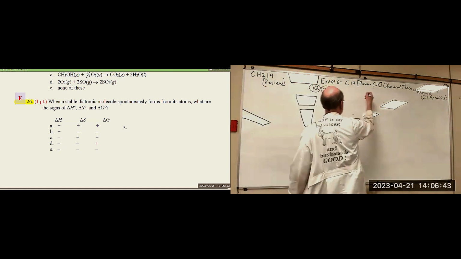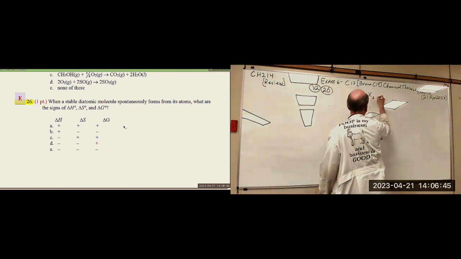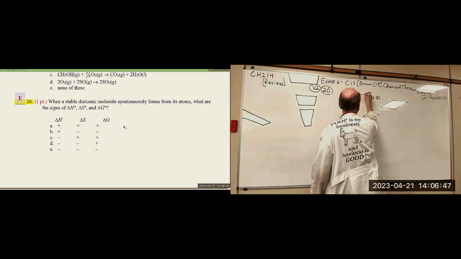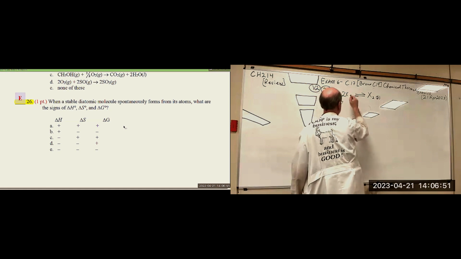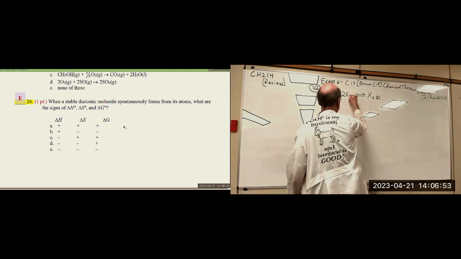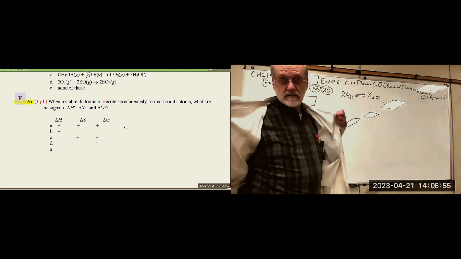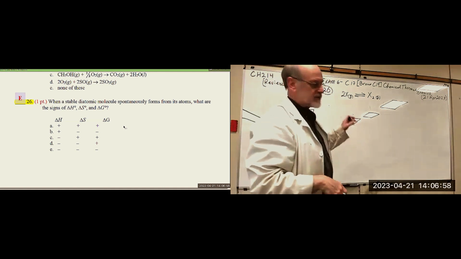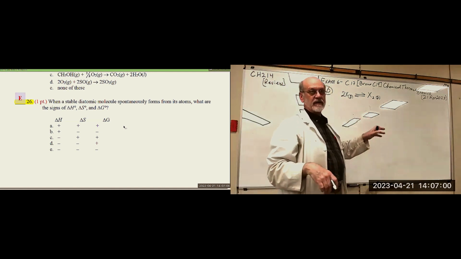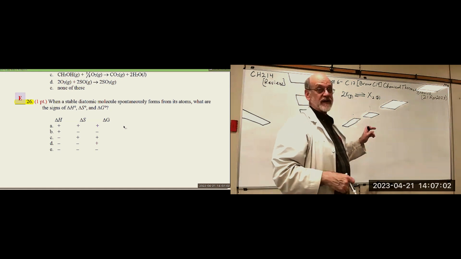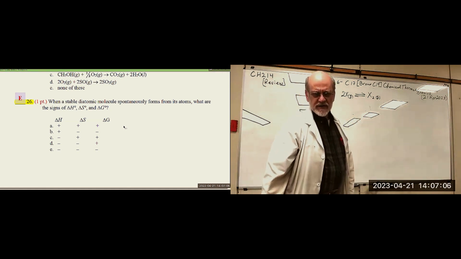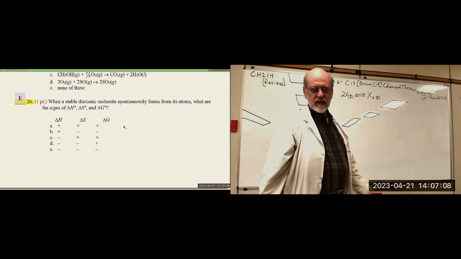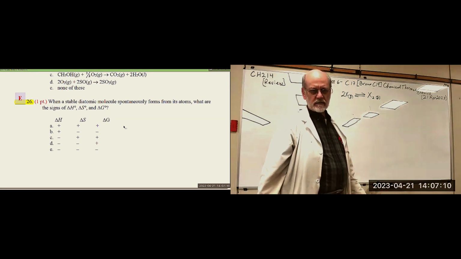So we've got this diatomic molecule forming from its atoms, right? And I assume that we're doing this in gas phase. Otherwise, the delta H, delta S, and delta G don't mean anything. Because if you have to change phase, then you're adding in another complication. All right, so what are the signs of delta H, delta S, and delta G?